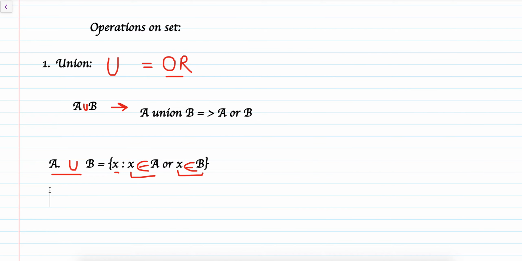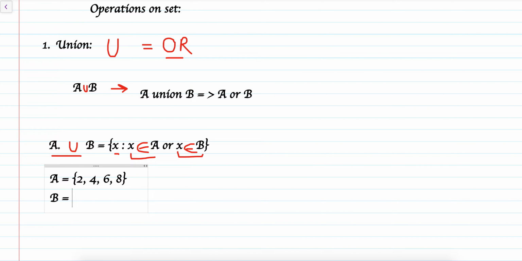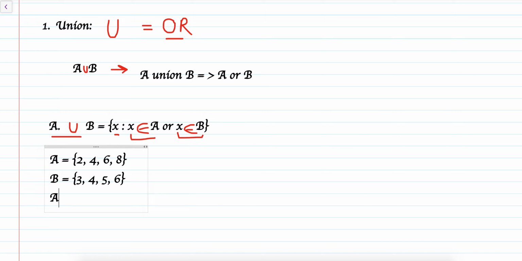Let's take one example. Suppose A is a set which has 2, 4, 6, 8 in it, and B is another set which is 3, 4, 5 and 6. A union B would be all the elements which are in A or B. First we write all the elements of the first set: 2, 4, 6, 8.